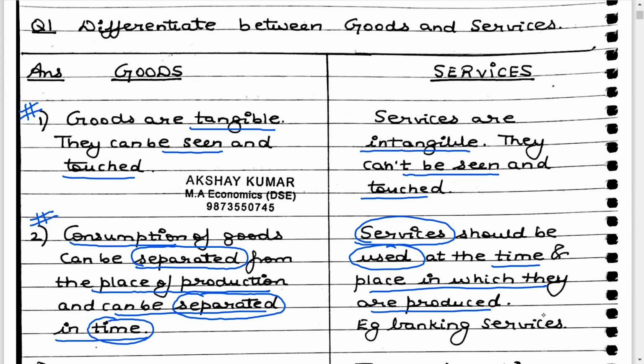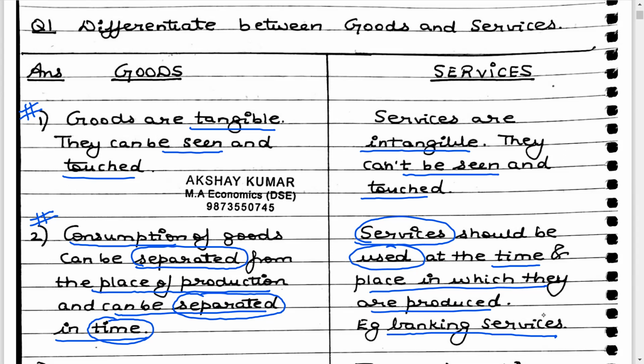Example, if we talk about banking services. Now, banking services have to be consumed at the point where they are produced. It cannot happen that banking service is produced at one point and consumed at another point. Similarly, you cannot separate banking services on the basis of time.